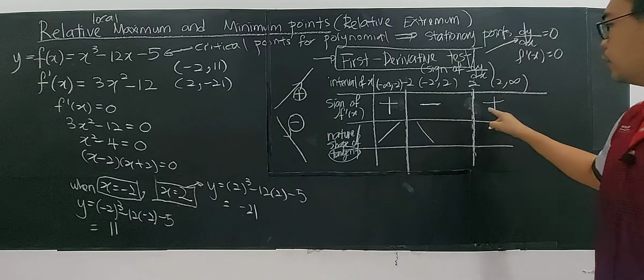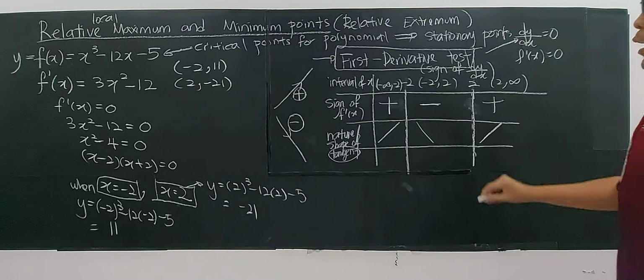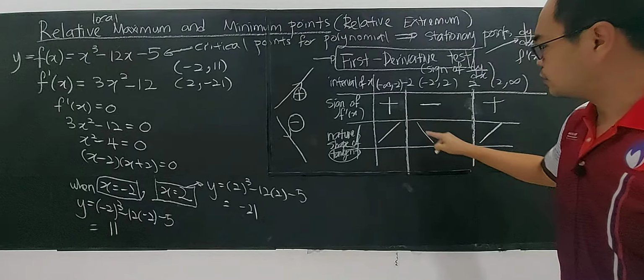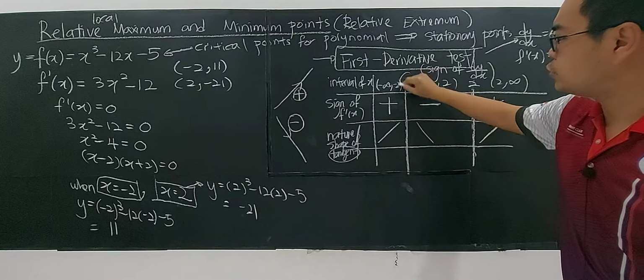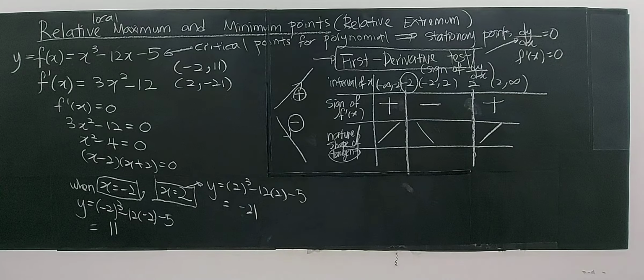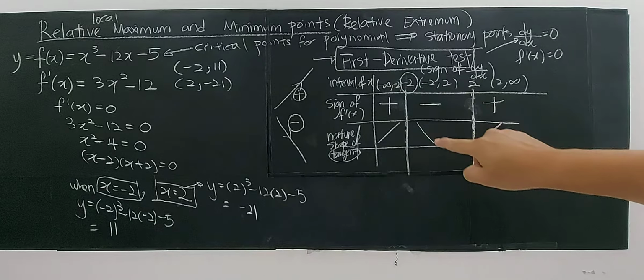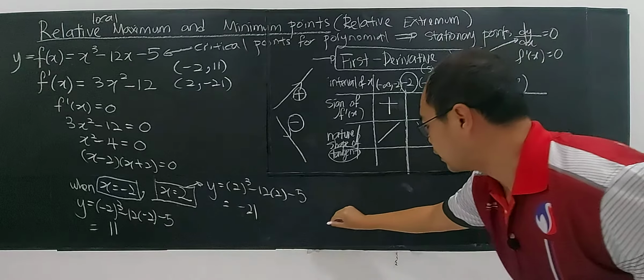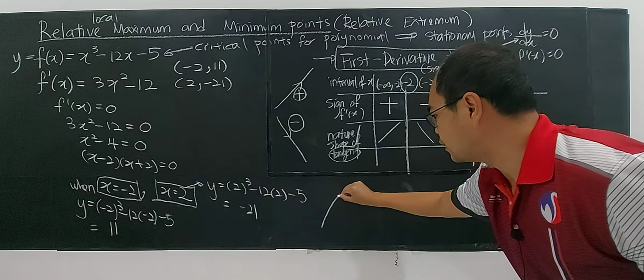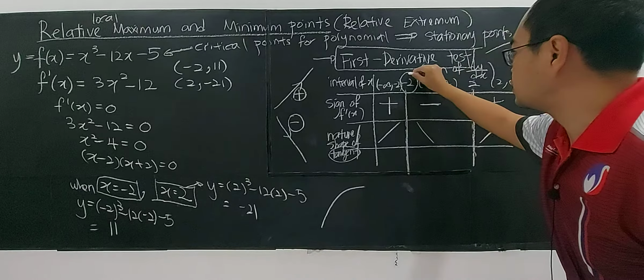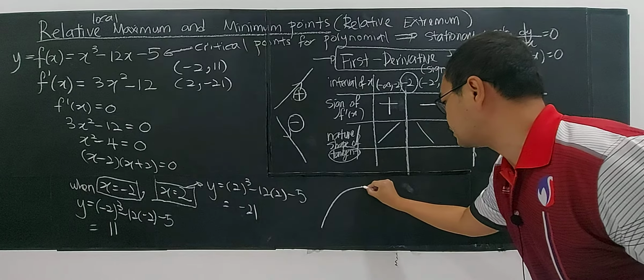Negative, going down, positive, going up. So now by looking at this, we can know the nature of -2, right? The curve goes this way, meaning positive gradient, later dy/dx is 0, because at -2 dy/dx is 0.